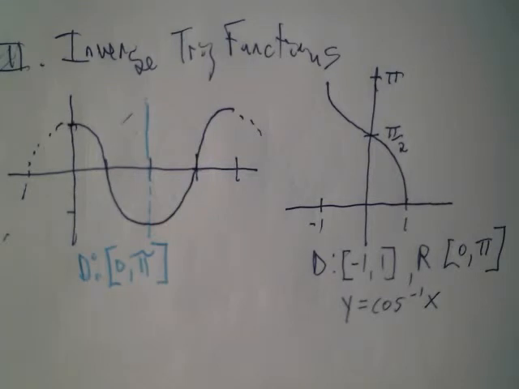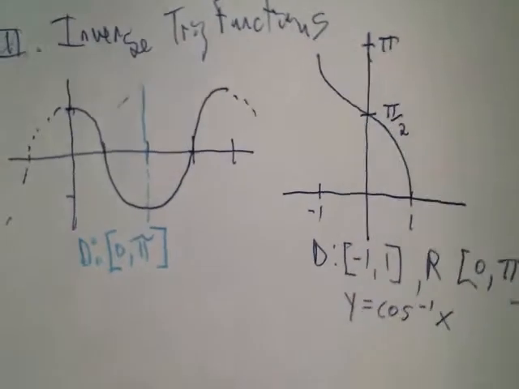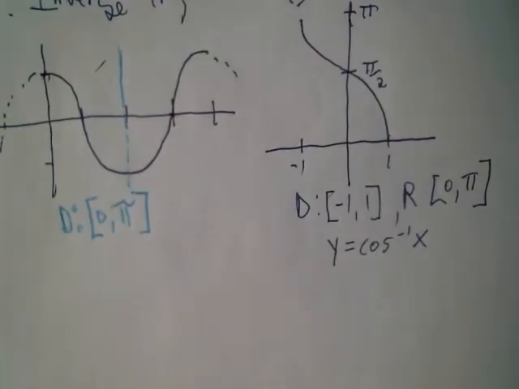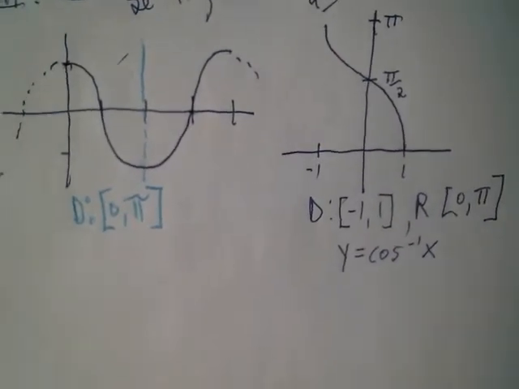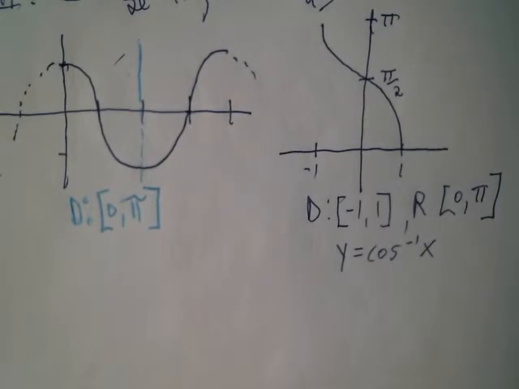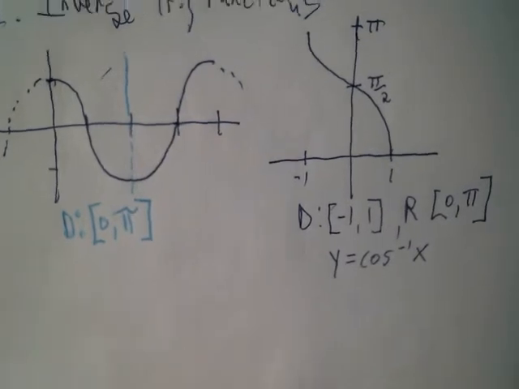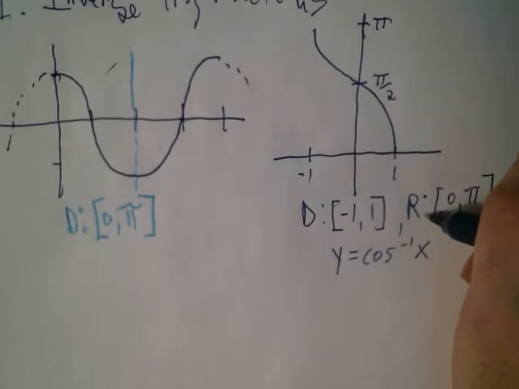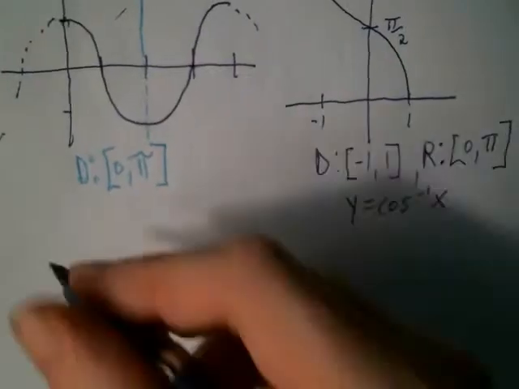So in the book they'll show you the other ones. Probably for some of the problems here, the most important thing is going to be the range of these functions. So I'll just note that here.